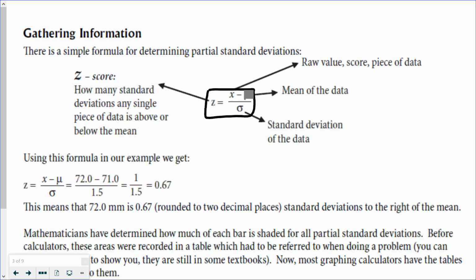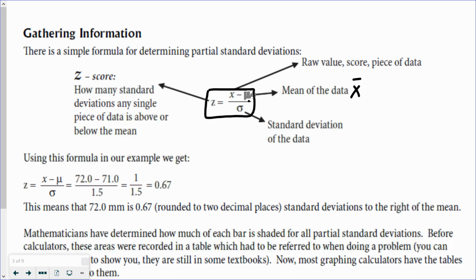So a Z-score, the way that we calculate it is we take our raw value, our piece of data, we take that and subtract the mean of the data. So again, you can see that sometimes we see it as mu and sometimes we see it as x bar. In this formula, it has it as mu.